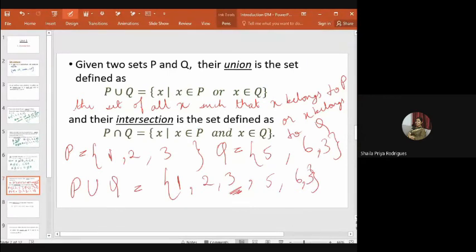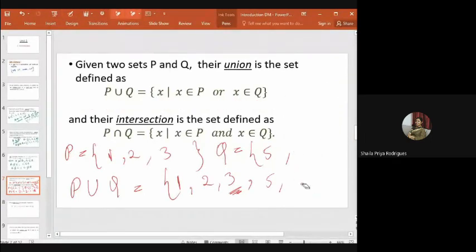So if 3 is an element of both P and Q, you're supposed to write it just once. Because if you write it twice, it then becomes a multi-set and not a set. So for an element of P or Q, if it belongs to both, write it just once. You can take down examples of your own.